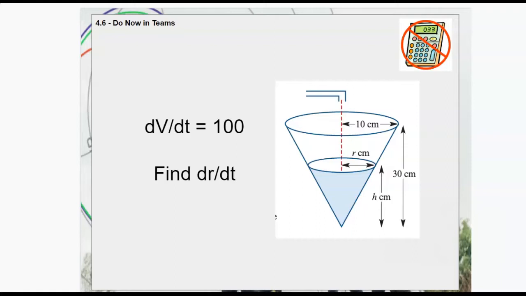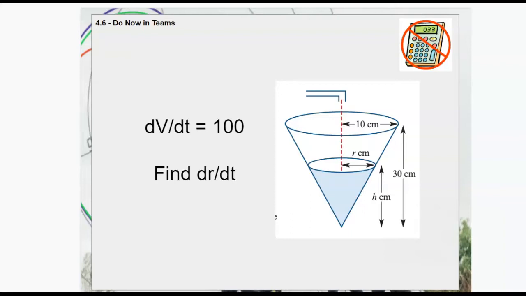So you can see some measurements. My coffee filter is about 10 centimeters in radius at the top and has a height of about 30 centimeters. And as it fills up, there's obviously some smaller cone of water in the bottom with a height of h and a radius of r.